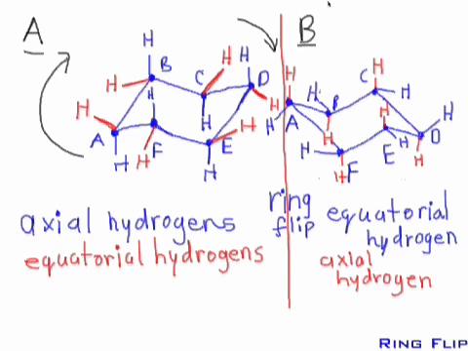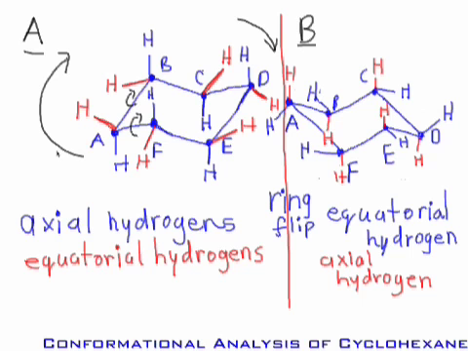When we lift A and lower D, we're actually rotating about the two bonds. We're causing a rotation about those bonds. And therefore, it's a conformational change, just like rotating about the ethane sigma bond or the butane carbon-carbon sigma bonds. Now, whether it's a conformational change, you can do a conformational analysis.